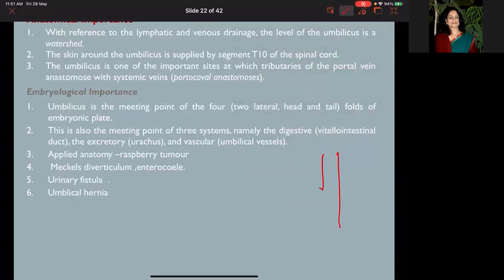So this is the condition of the intestinal tract after birth.